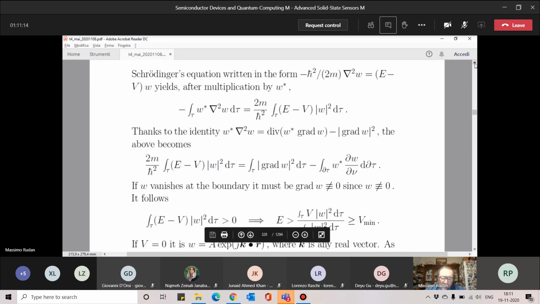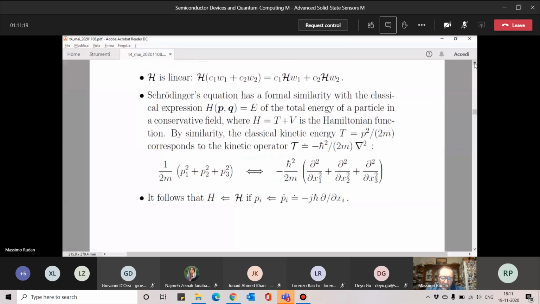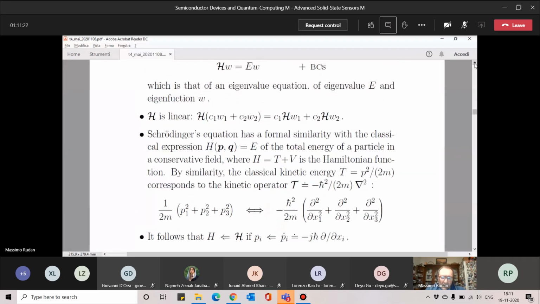When you consider the classical case, still in the conservative situation, you remember that the total energy E in a classical situation can never be smaller than the potential energy, because if that happens, then the kinetic energy must be negative, and this is impossible because the kinetic energy is a square.